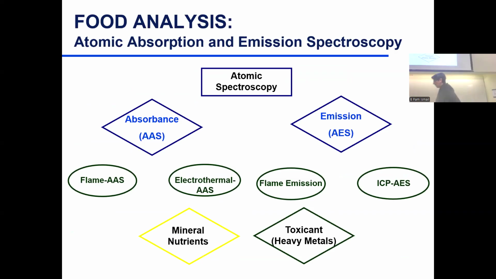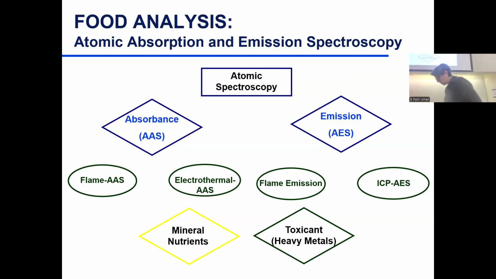So we're going to talk about atomic absorption. Group C already did that in lab. So now let's reinforce some of the knowledge you learned in the lab, and for the other groups to learn about atomic absorption and emission spectroscopy. So we have absorption, we have emission. For absorption, AA stands for atomic absorption, S stands for spectroscopy.